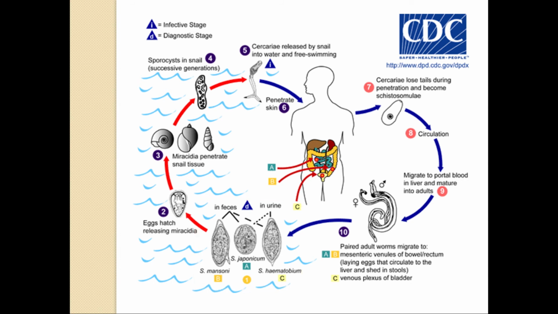The egg will hatch, releasing a miracidia, which penetrates specific snails. After maturation, cercariae will be released, ready for a new cycle.